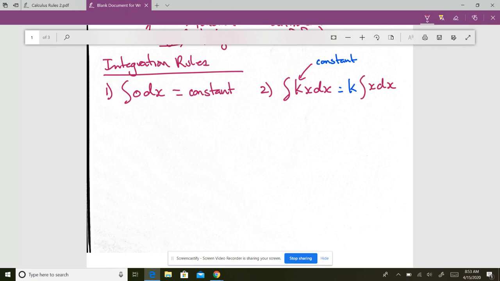So constants can be pulled out. You can only pull constants out. You cannot pull functions out, all right?